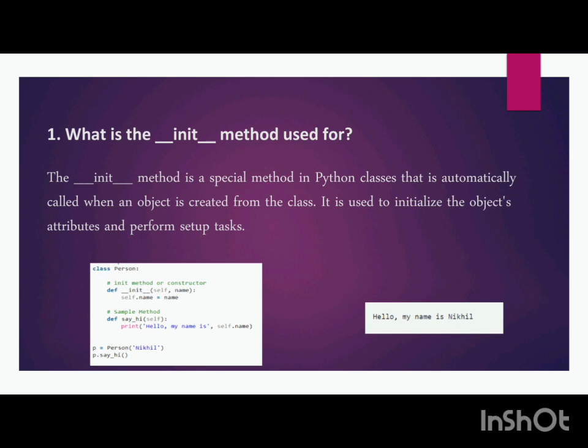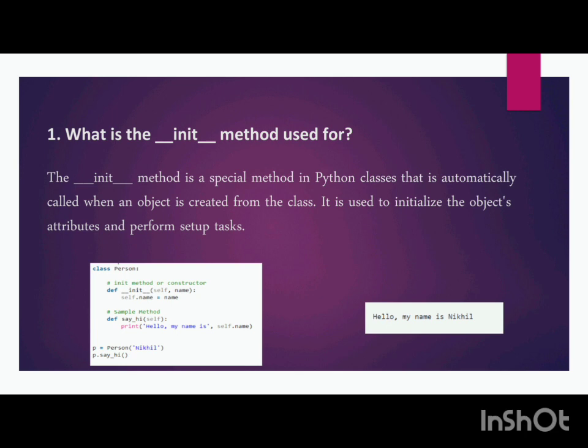So in this example, it sets the name in self.name, and the next line we are calling the say_hi method. So when you call it, it will go to the say_hi method and prints hello, my name is Nickel. The Nickel is received from the init method. And one more thing is, this method is also known as constructor.